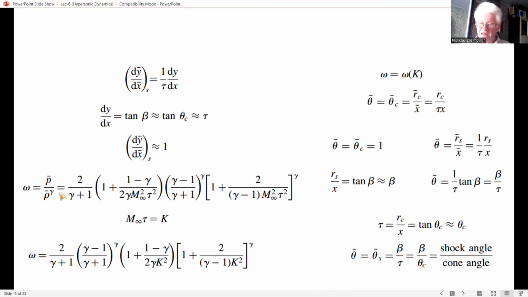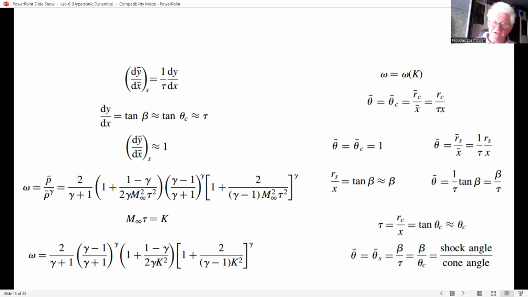And noting that M infinity times tau gives us K, the hypersonic similarity parameter, the preceding equation can be written in this form on the bottom left part for omega. Okay? Clearly omega is a function of K. It is a constant for a given flow with a given value of K.